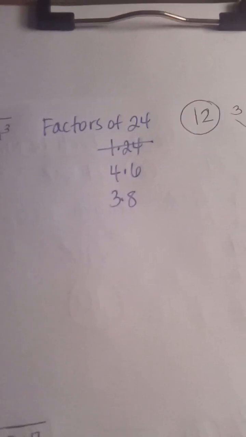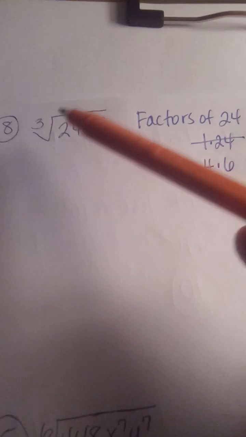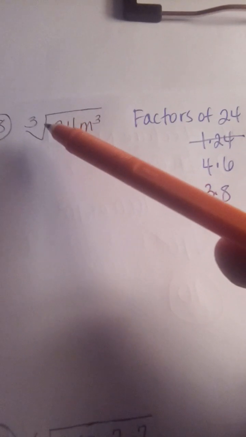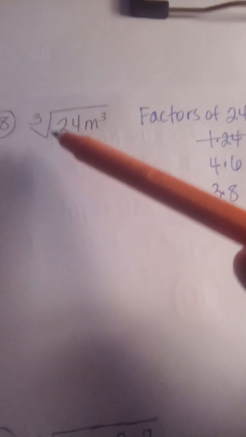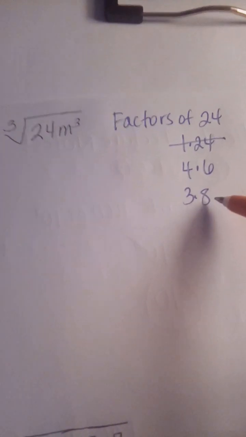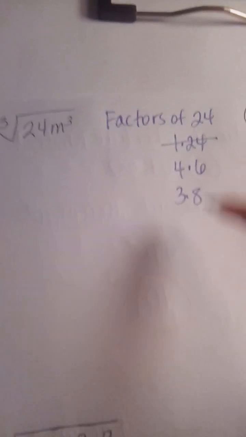What can we do with 4 and 6? Possibly. But can we do 3 times 8? Remember, look at the inside the index. That's a key word, 3. The number 3. Can this factor work?